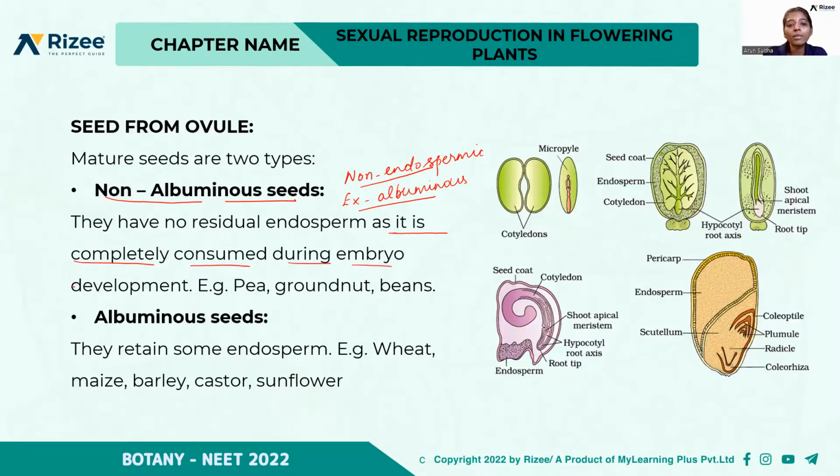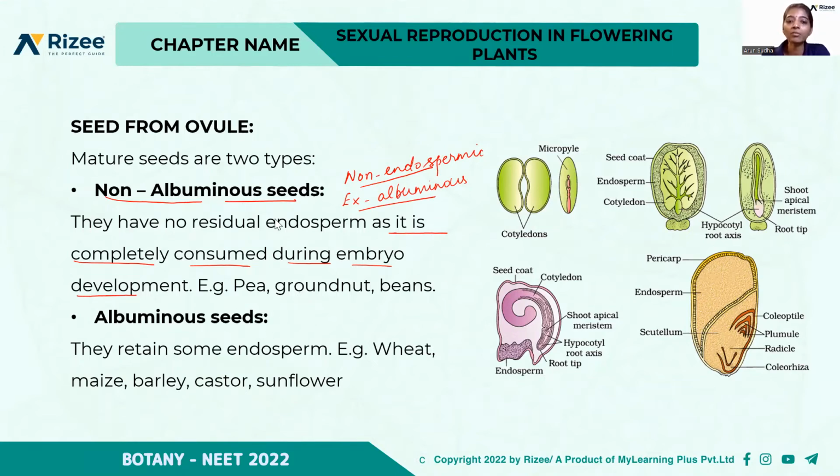So there are 2 types of seeds. One is a non-albuminous seed and another one is an albuminous seed.